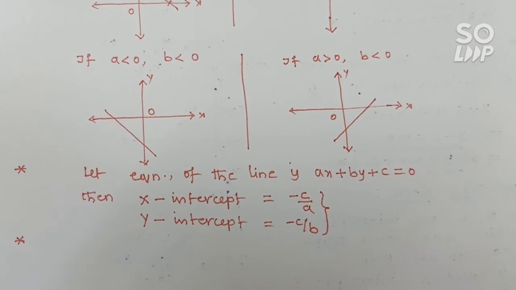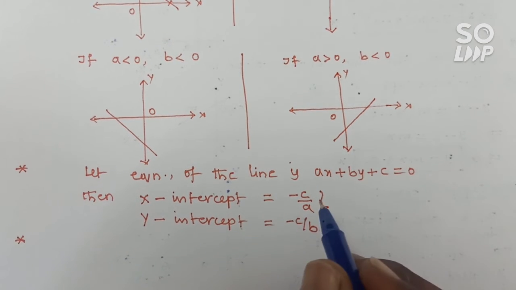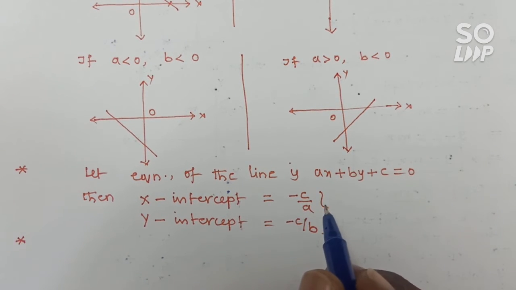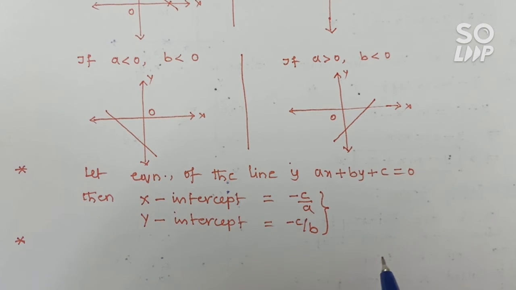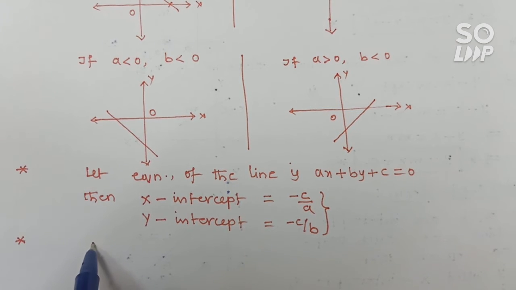Here, suppose the intercepts are equal and non-zero, then what is the equation of the line? First of all, what is the equation of the line in intercept form?